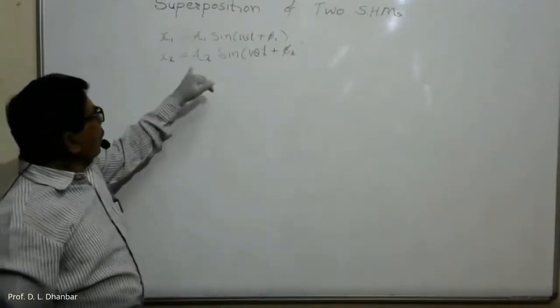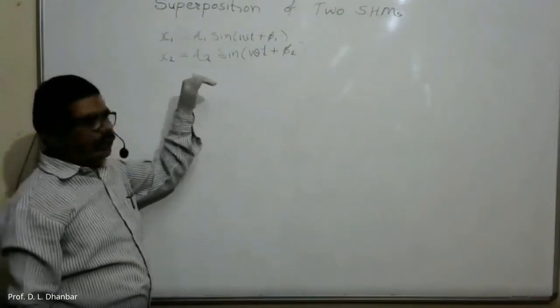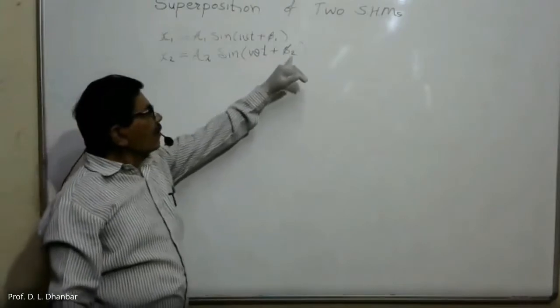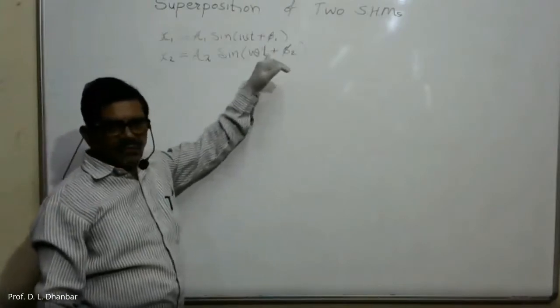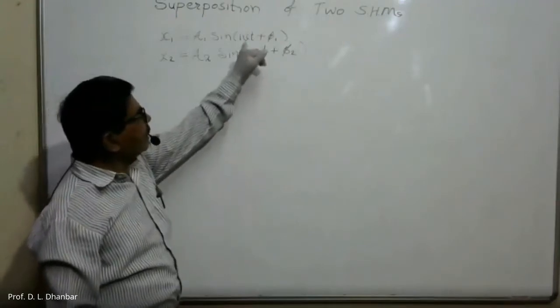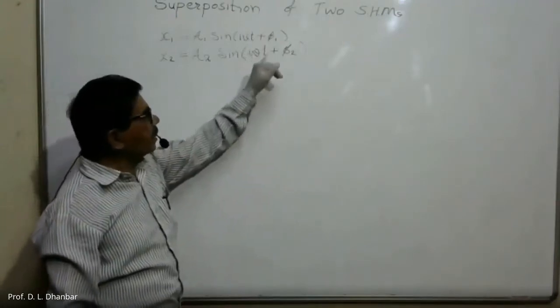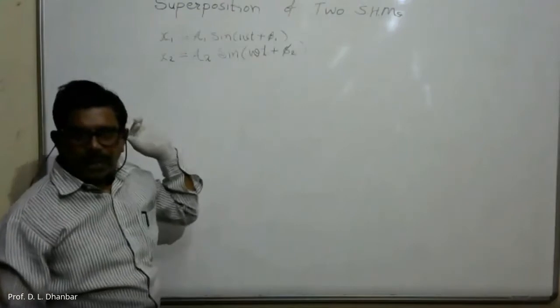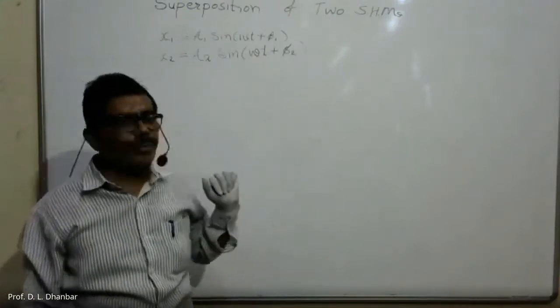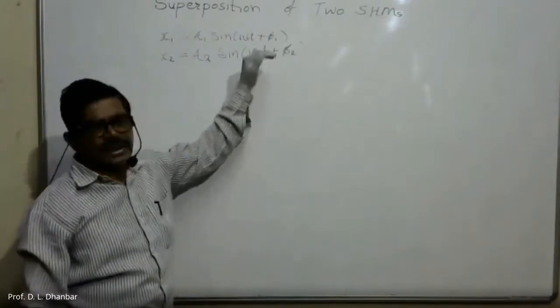Here a2 is the amplitude for the second simple harmonic motion. Phi 2 is the initial phase for the second SHM, and here you can see omega t, and here also it is omega t, because both the simple harmonic motions have the same time period, so there is no change in t.